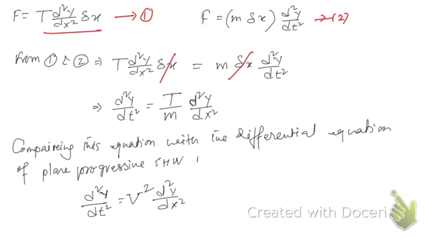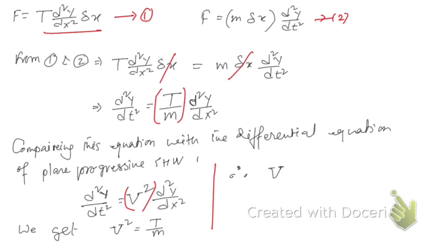So comparing with this equation, we get T by m is nothing but v squared. If v squared is equal to T by m, therefore v must be equal to root over T by m.